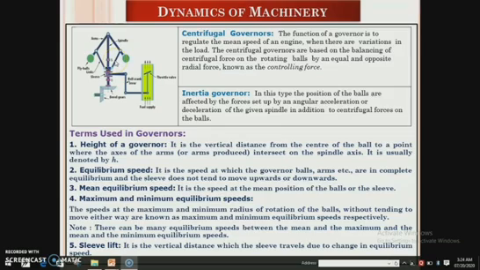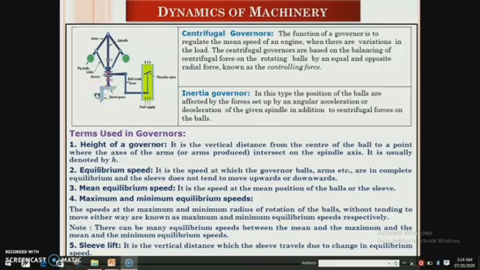These balls are known as governor balls or fly balls. The balls revolve with the spindle which is driven by the engine through bevel gears.